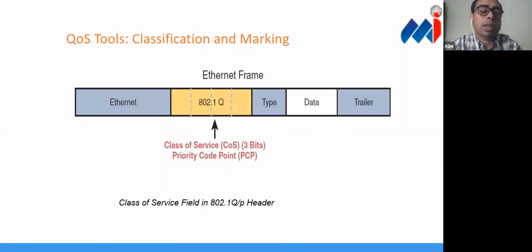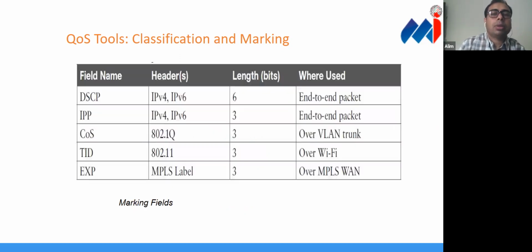Okay. When we send traffic over a trunk link, there is the 802.1Q header, in which 3 bits can be used for quality of service, on a per hop basis, that is PHB, per hop behavior. Okay, so there are other marking options in IP version 6 and IP version 4. There is the DSCP field in the IP header.